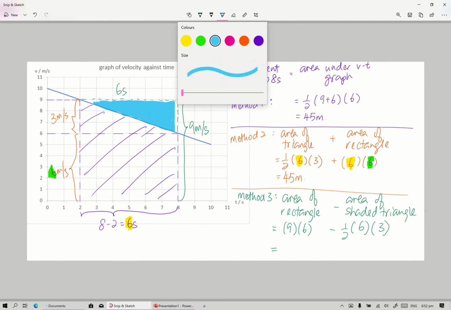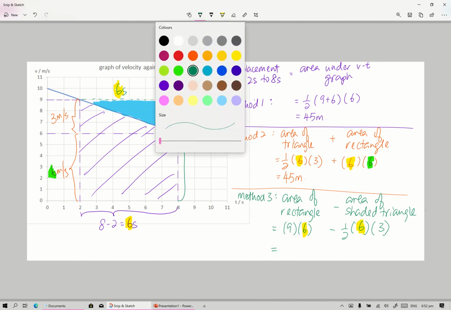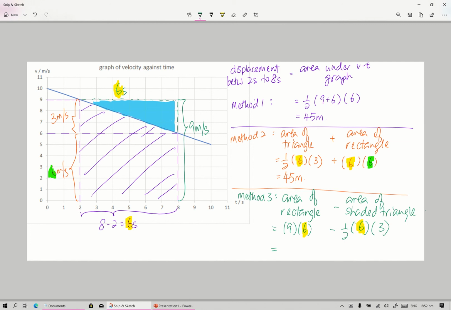Let's highlight the numbers that you need to know. This is 6 and this is 6, they belong to the same thing. And you also get 45 meters.